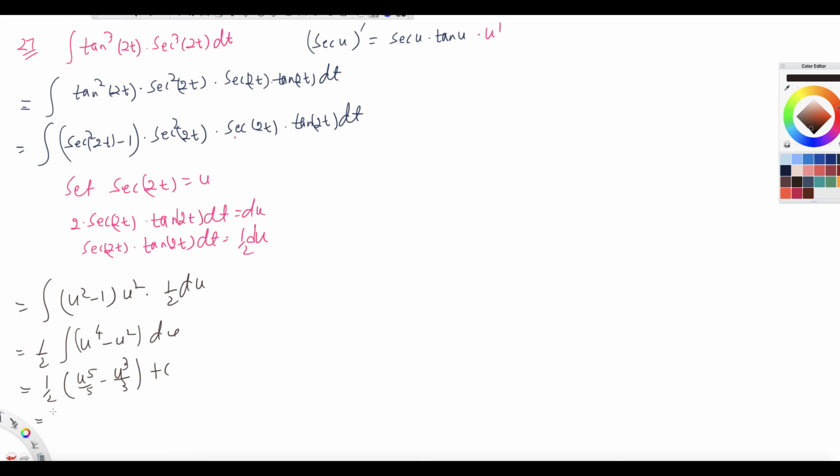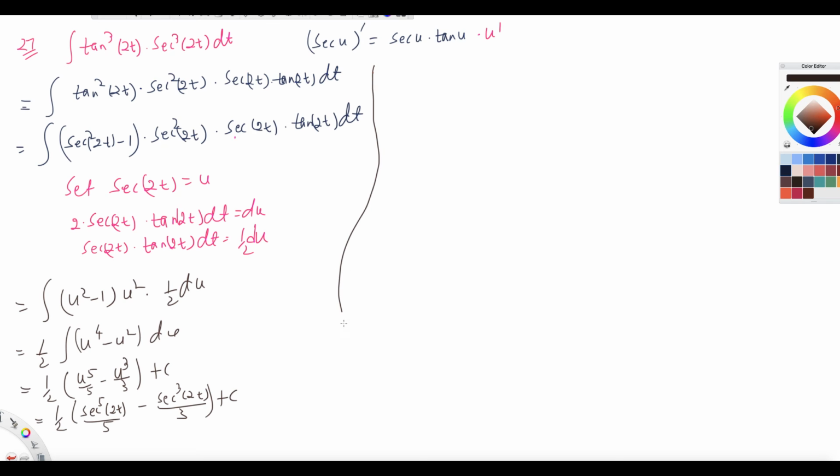Now plug in the value of u. What is u to the 5? It is secant to the 5th 2t over 5 minus secant to the 3rd 2t over 3, and then plus c. That is the final answer.